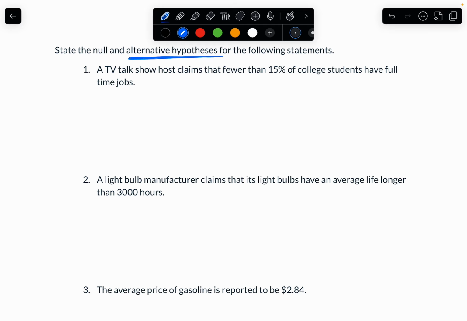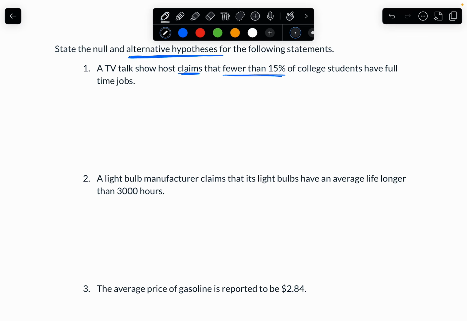Usually in these hypothesis testing questions, somebody's going to either ask a question or they're going to make a claim. So in this case, we're actually using that word claim. We're saying fewer than 15% of college students have full-time jobs. So I want to talk about the percentage of college students that have full-time jobs. So I need my null hypothesis, which is H naught, and my alternative hypothesis, which is HA.